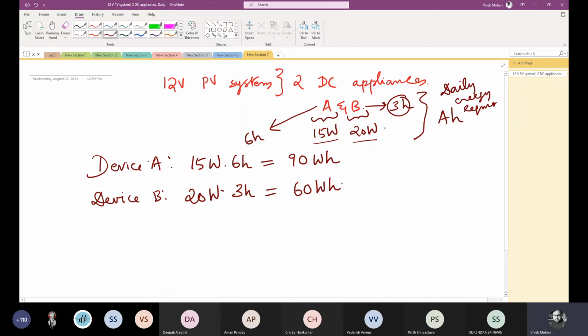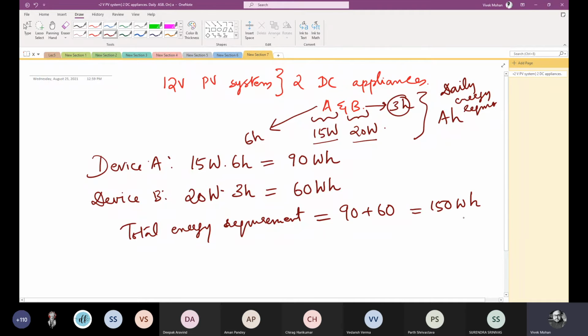Now, what is the total energy requirement? We have to power both A and B, right? So 90 plus 60 will give you 150 watt hours is the total energy requirement.